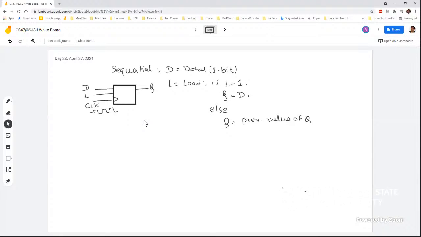And this can store either 1 or 0, 1 bit.